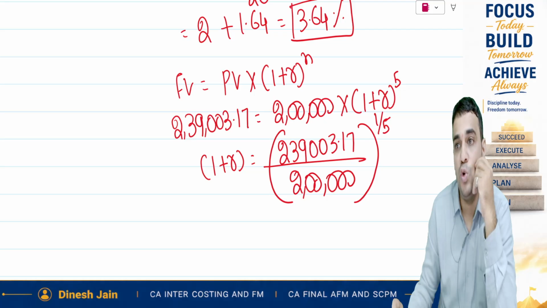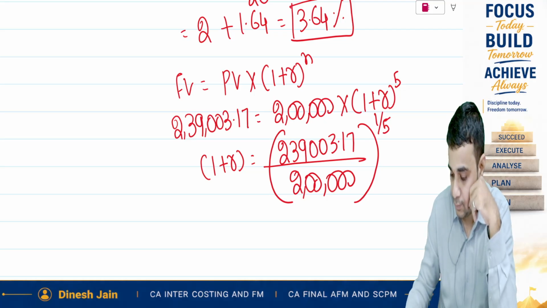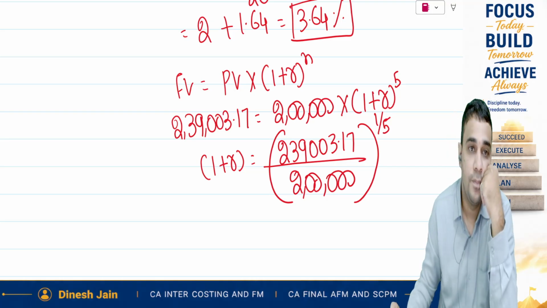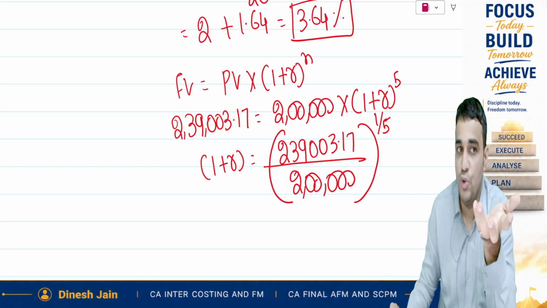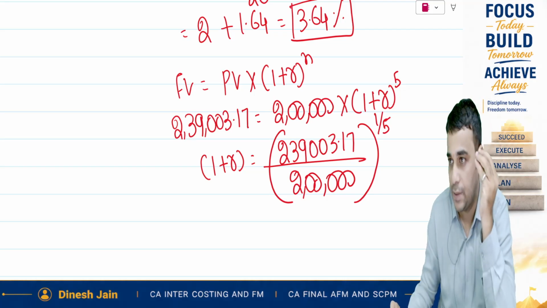Take a square root 12 times, 1, 2, 3, 4, 5, 6, 7, 8, 9, 10, 11, 12. This has no use at all in the practical world. Again, I'm repeating just for our exam sake, if I want to save some time.